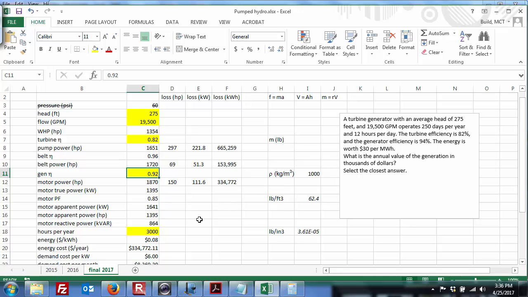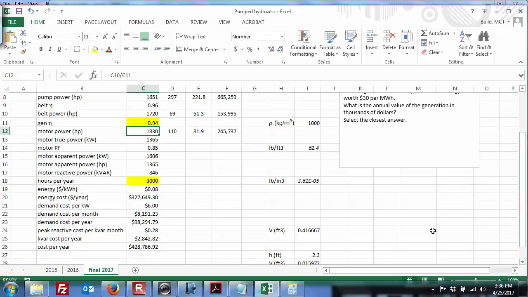Energy is $30 per megawatt hour. Let's do this. Dollars per megawatt hour. 30.